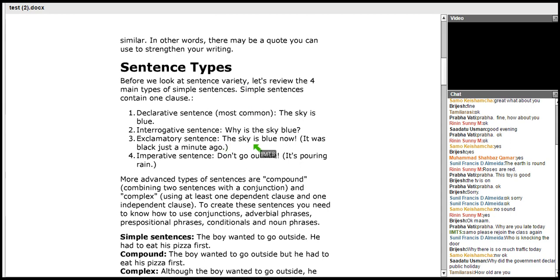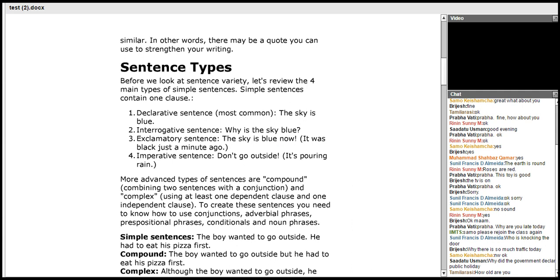Now, exclamatory sentence. The sky is blue now. It was black just a minute ago. Okay, the sky is blue now.